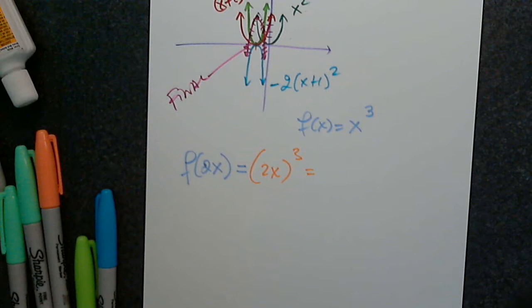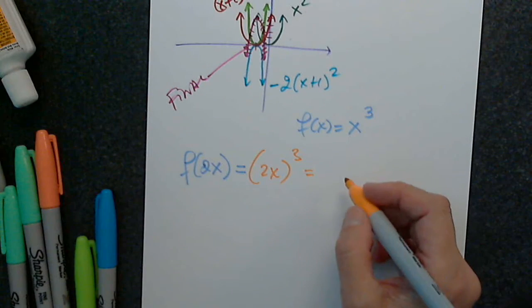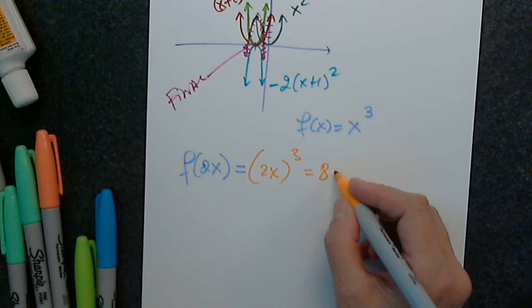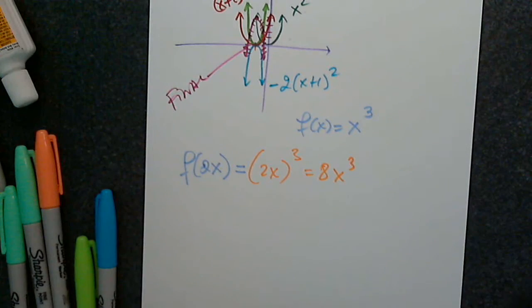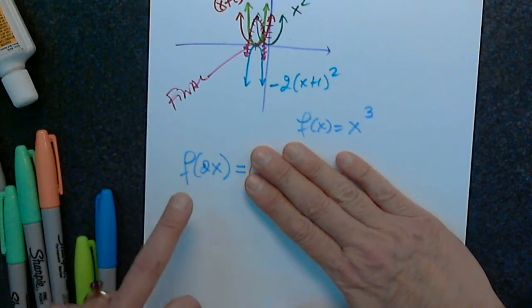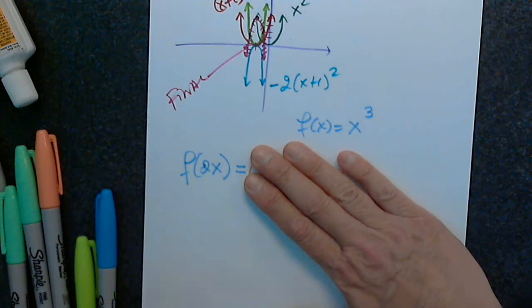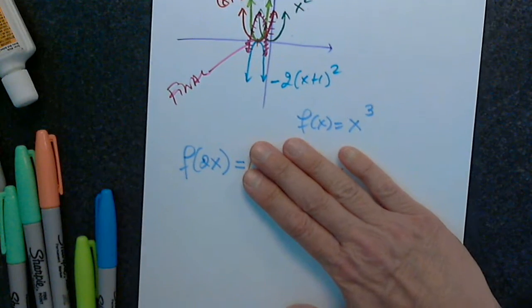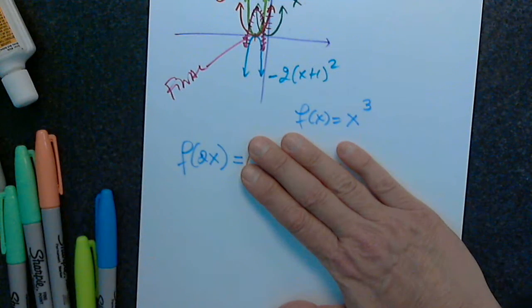Great job. No, 2 to the third is not 6, but 2 to the third is 8. Very good. And then x cubed. Perfect. So forget about this for a moment. Can you please tell me what I changed? Look at this base function and look at this function and tell me what I changed. Did I change x or did I change y?